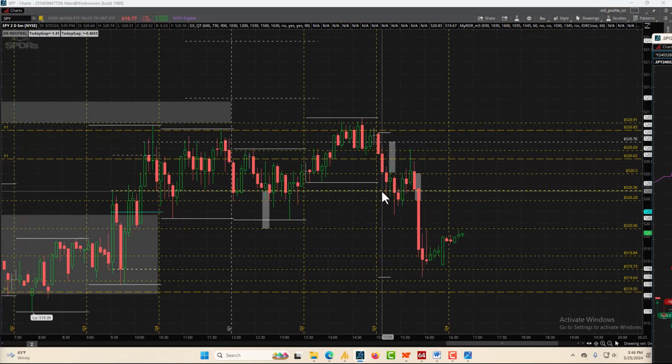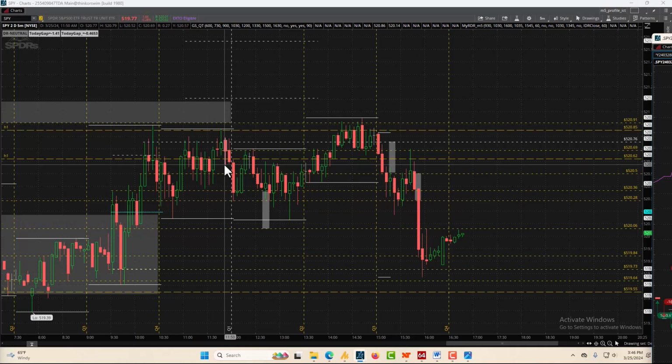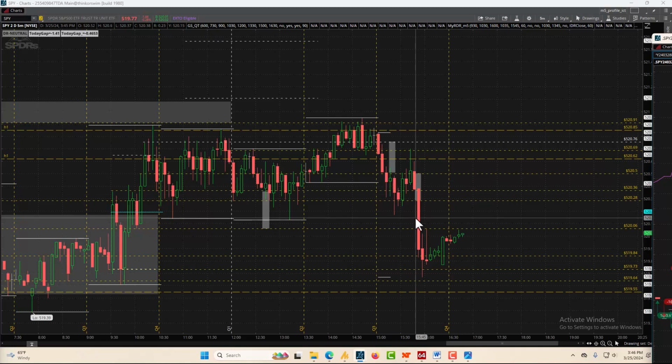Our target is right here, but like we said earlier, the same idea right here. When it retests its level, we're supposed to exit right here at that level, but we were a little bit late to exit, so it pulled back, so we got out of this one.